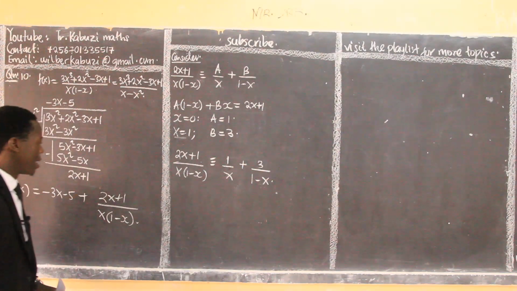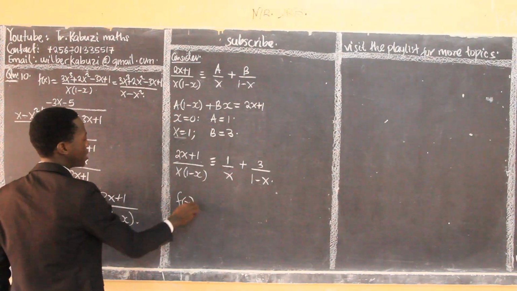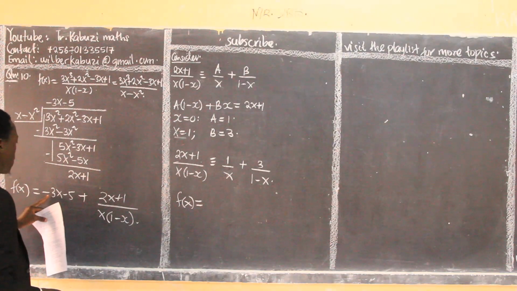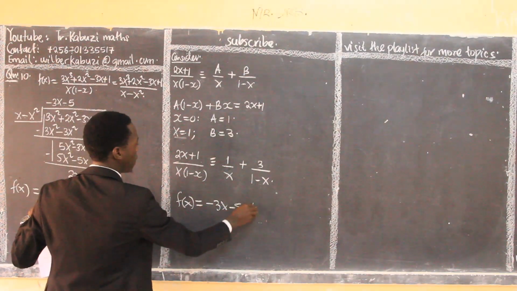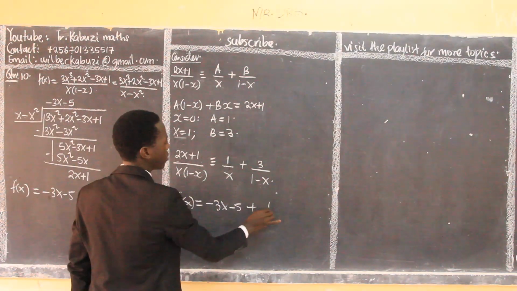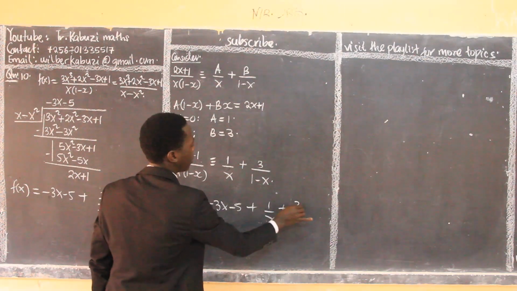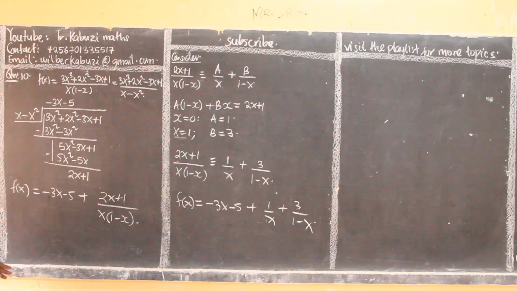So meaning, now I can write my f of x. Now, my f of x is going to be, remember this, minus 3x, minus 5, plus, where there is this, I'm going to substitute this, which is 1 over x plus 3 over 1 minus x.